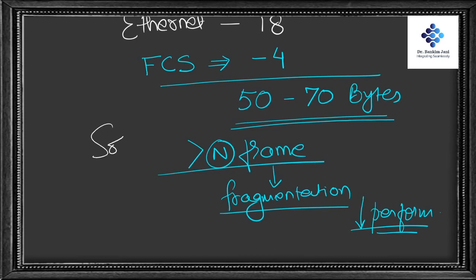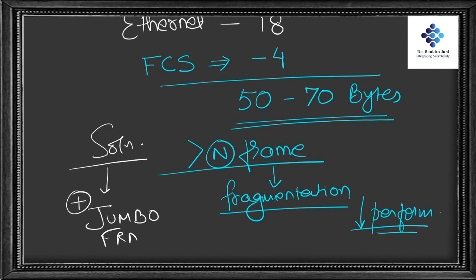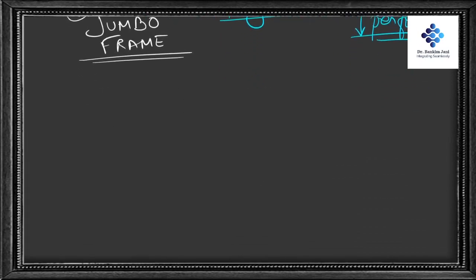Well, the solution is that you have to enable what is called the jumbo frame. Simply, passengers have increased, so now it is not a car ride. We have to deploy a truck, and then everyone will go in a single round. So that's the concept of jumbo frame.